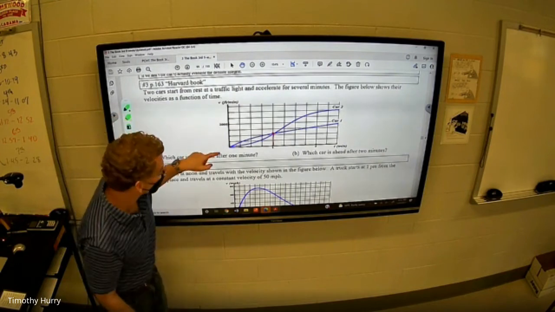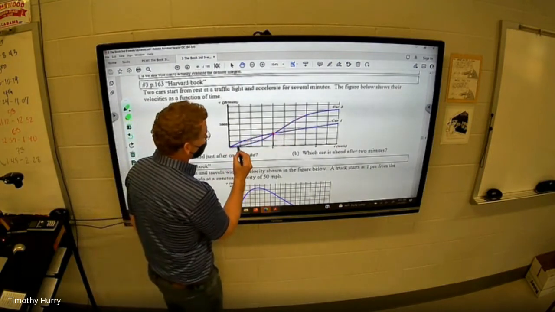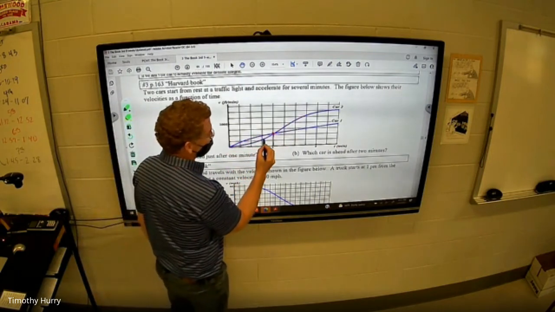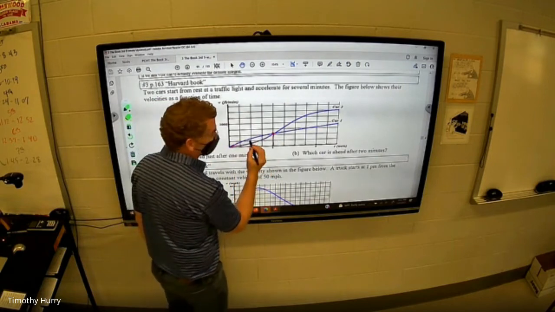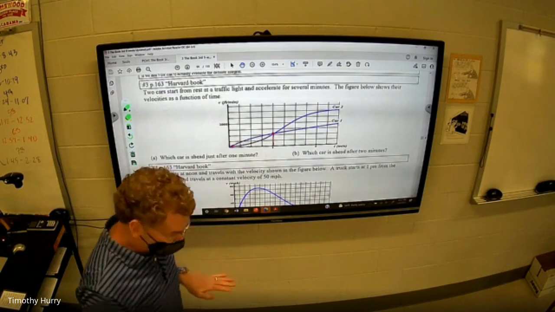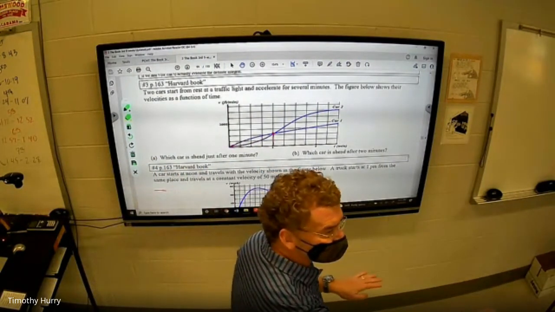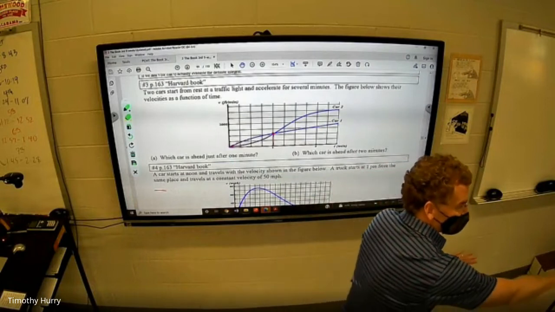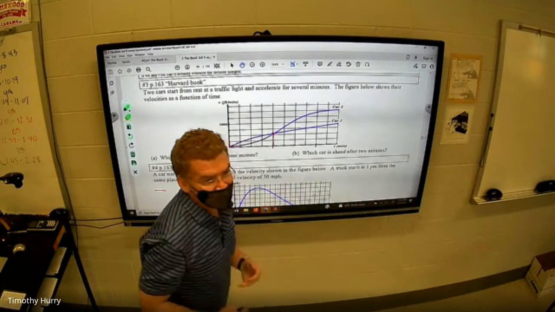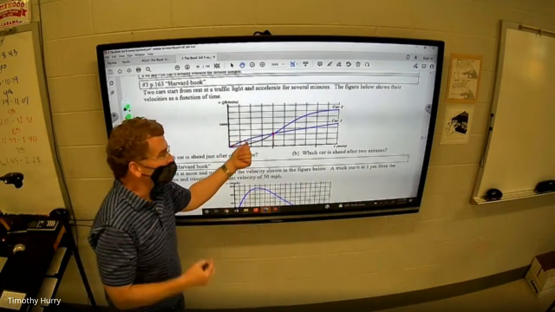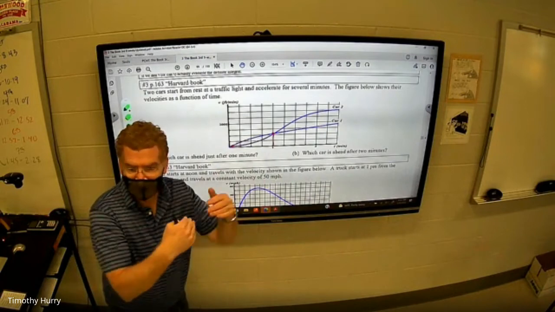Clearly, this car on the bottom, which is car 2, was going much slower over that first minute than car 1, which was going much faster. Now imagine 2 cars right here. One of them is going slow, the other one starts going faster. But then right about the 1 minute mark, they end up going the same speed. So they're going the same speed at 1 minute, but clearly car 1 had gone faster most of the time, right? So he had gotten a lead.